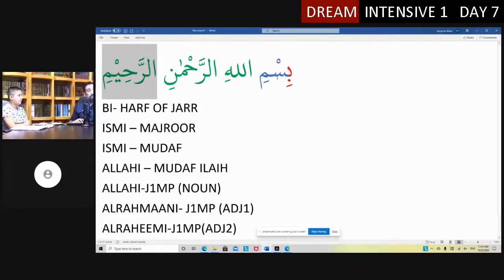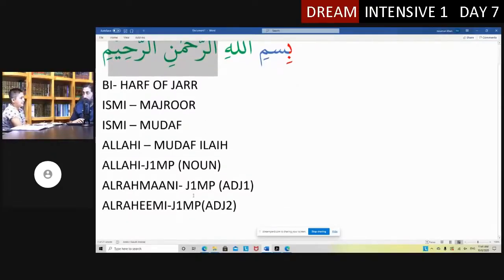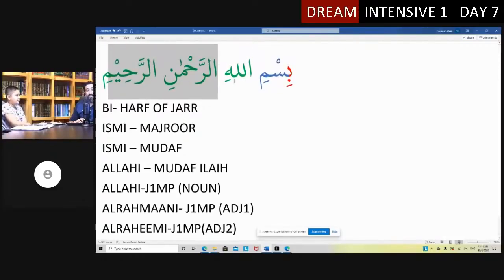They are adjectives of the word Allah. In English you can say the adjectives before, so you can translate this as in the name of the extremely loving and caring, the always loving and caring Allah.